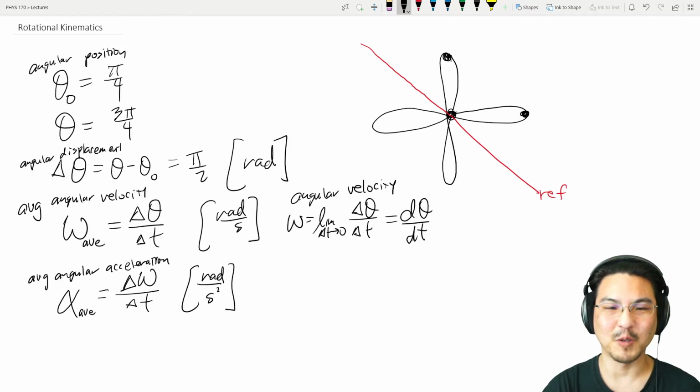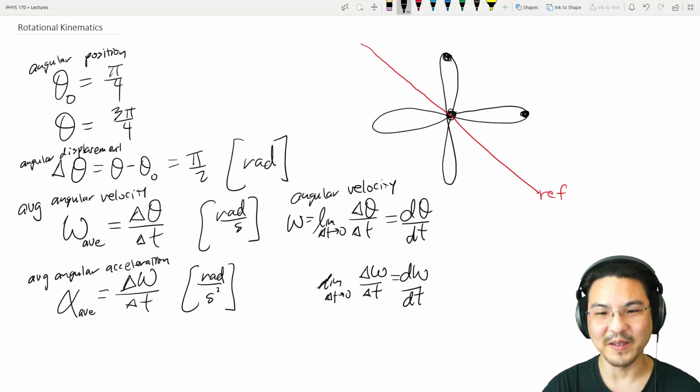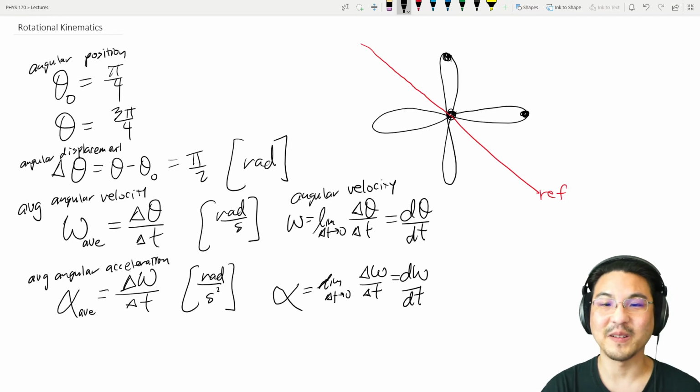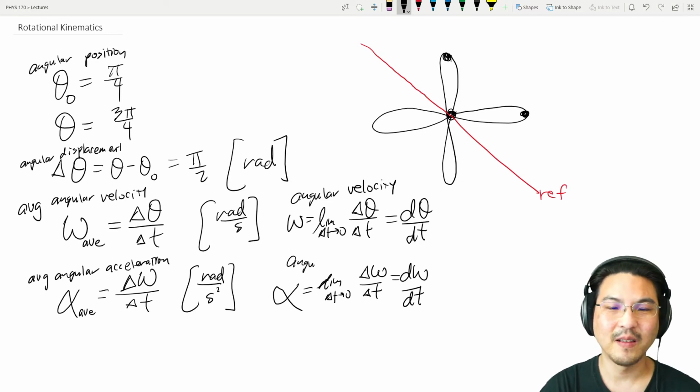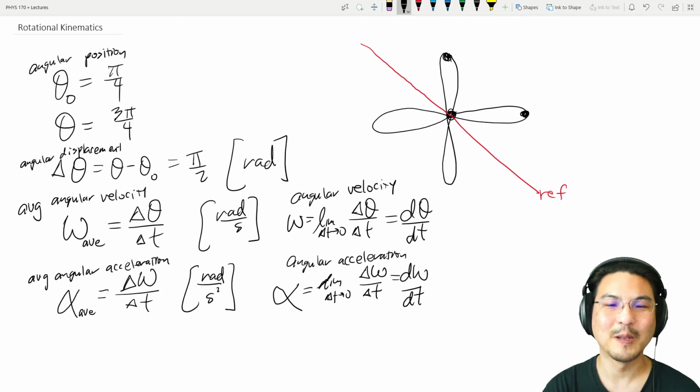And if we use calculus on that, if you take the limit as delta t goes to 0, then that would be a derivative. So it's the derivative d omega dt, and that is called instantaneous angular acceleration. And again, you don't have to say instantaneous. If you say angular acceleration, we know you mean instantaneous.